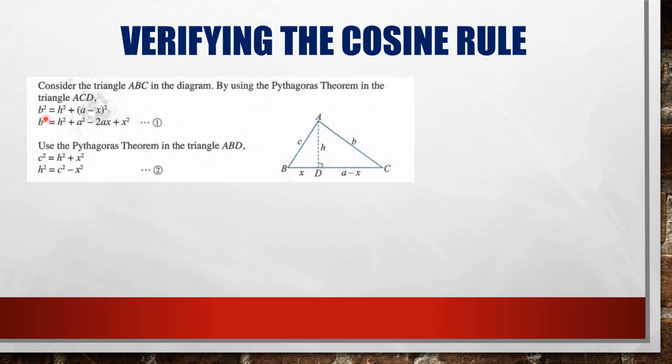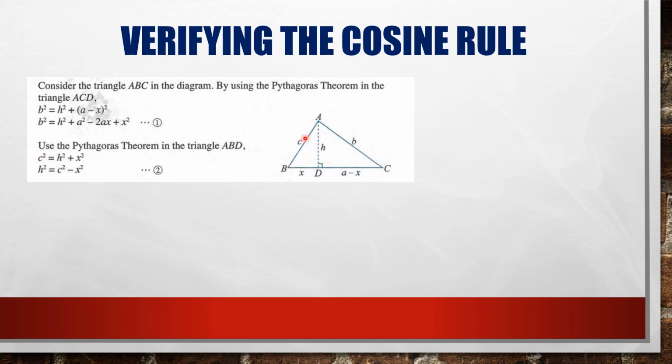That's why you get b square equals h square plus (a minus x) square. Then you expand (a minus x) square, you will get a square minus 2ax plus x square. So this is the first equation.